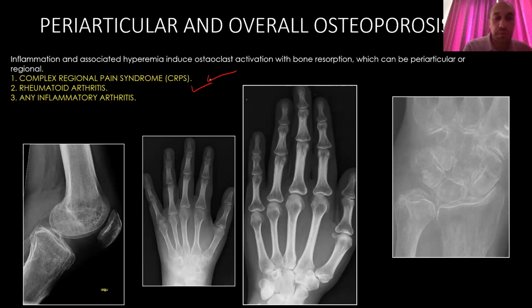Rheumatoid arthritis causes periarticular osteoporosis, and any inflammatory arthritis can be associated with osteoporosis, because the inflammation is related to hyperemia. You can see clearly here, and this could be the first sign of rheumatoid arthritis.